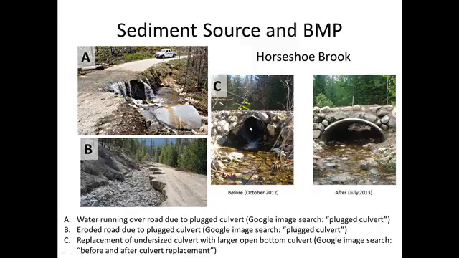And so undersized culvert before, properly sized culvert afterwards, so I can talk about what's actually physically being accomplished by the BMP of culvert replacement in the narrative of my term project.